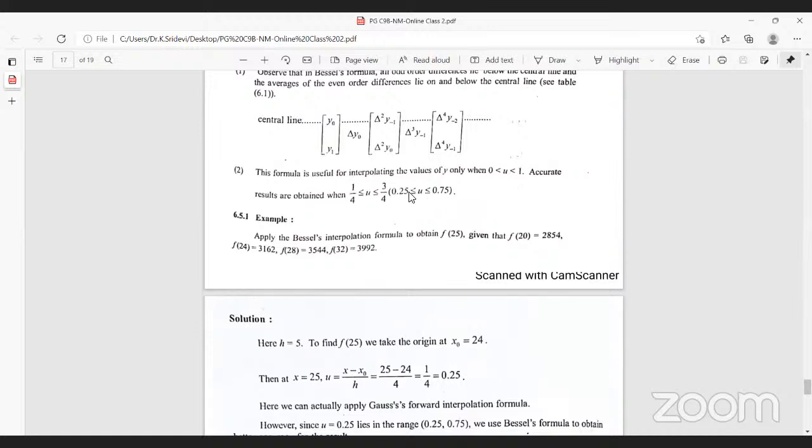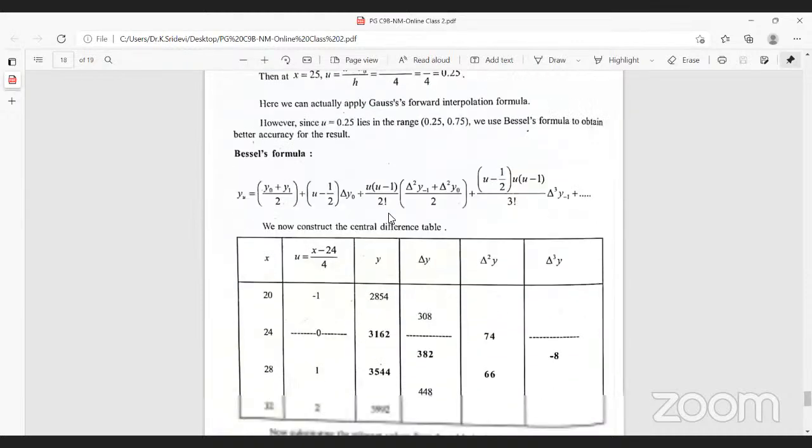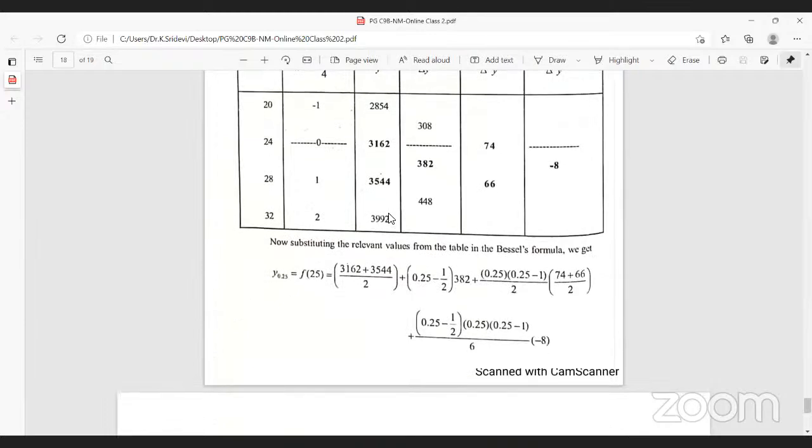Since 0.25 satisfies this condition, you can use the Gauss forward difference interpolation formula, and according to this one, you can also use Bessel's interpolation formula. If you use Bessel's interpolation formula in this case, you can get better accuracy than using the Gauss forward interpolation formula. So that is the only difference. The example is the same thing.